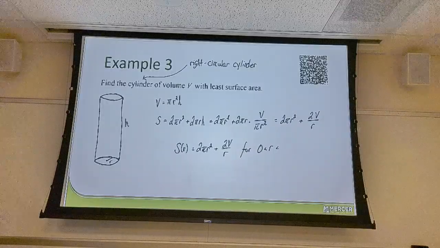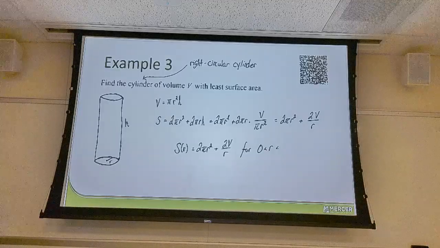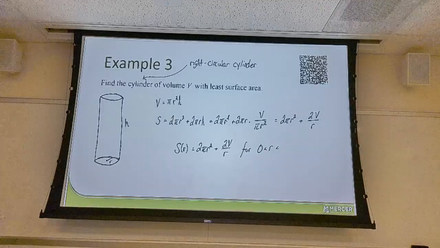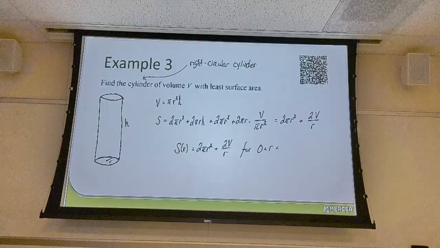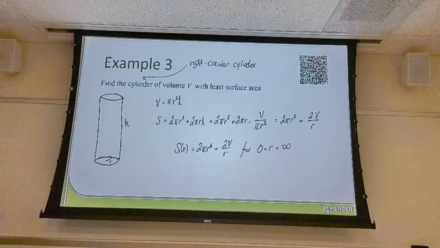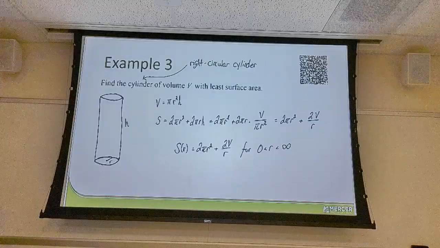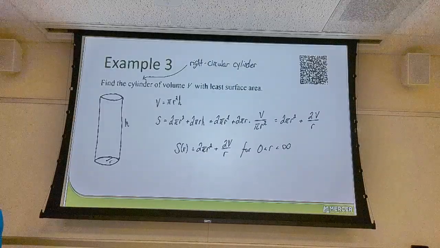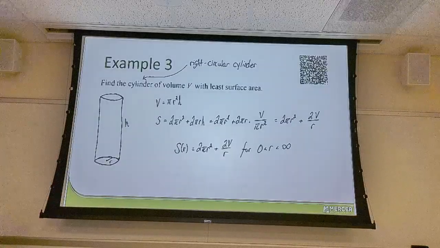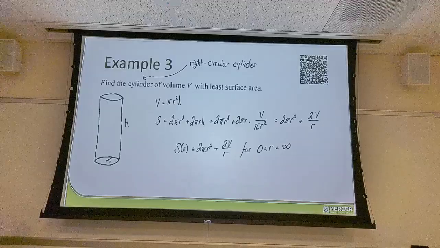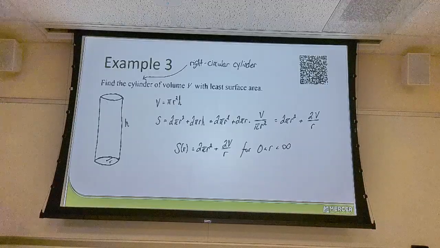Infinite. It doesn't have a number bound. If you make r really large, that just means you're shrinking h to keep that fixed volume, right? Because it's all multiplication. So r is just strictly greater than 0. That's fine.